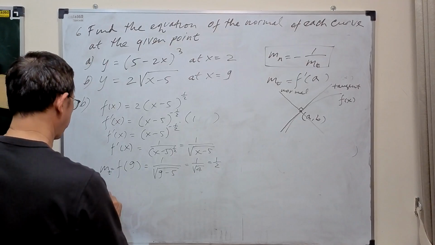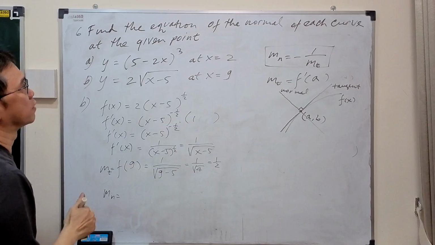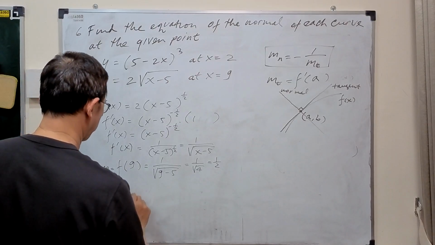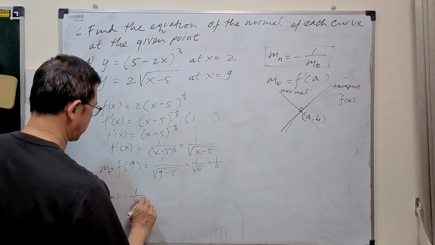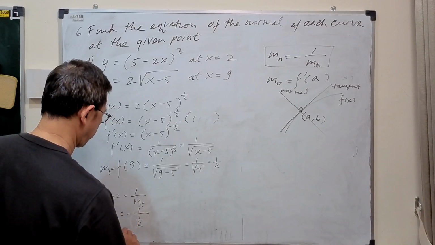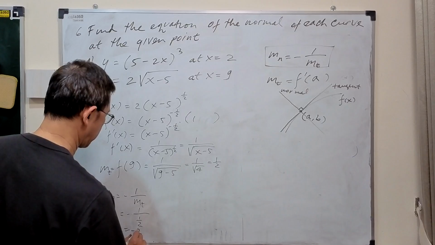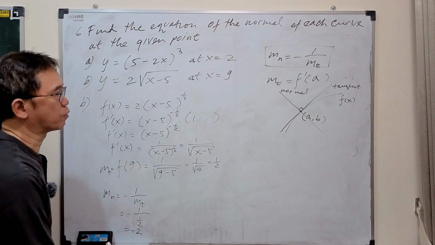Now we continue finding the gradient of the normal, because the problem asks you to find the equation of the normal. So negative 1 over the gradient of the tangent, which is negative 1 over half. Then we get negative 2. We have already found the gradient of the normal.